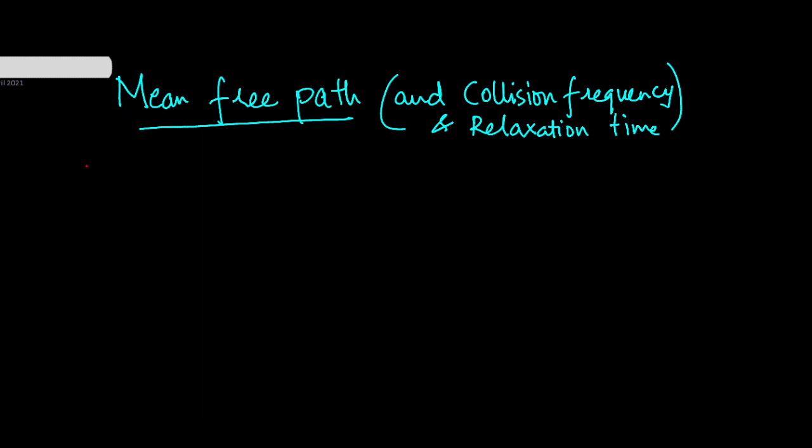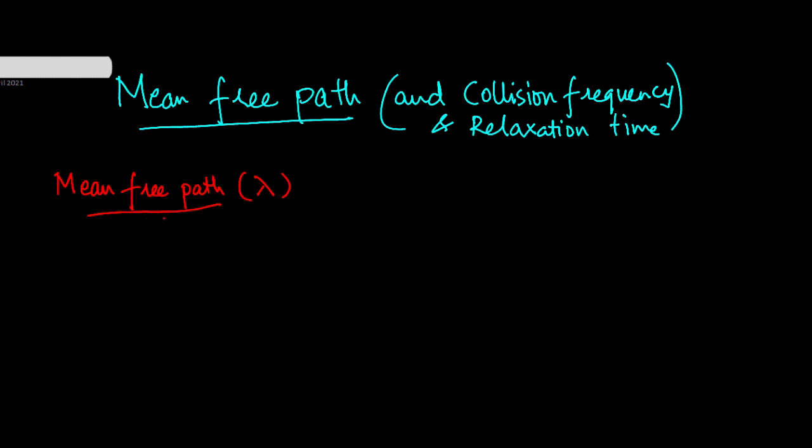Okay, first of all, mean free path. Now I think in your book the symbol is either lambda or sigma. I don't exactly remember which of these. Anyway, I'm going to use the symbol lambda.